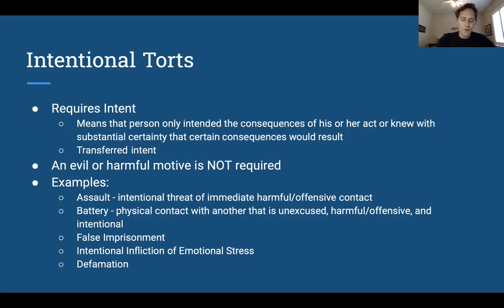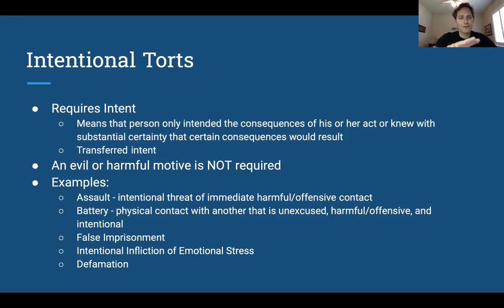Well, the answer is no. Even if the harmful touching, or any intentional tort, ends up injuring somebody else, as long as you had the intent to start the process that resulted in battery towards somebody, just because you missed, we're not going to let you off the hook. We're going to say your intent transferred to the new victim. That's transferred intent.